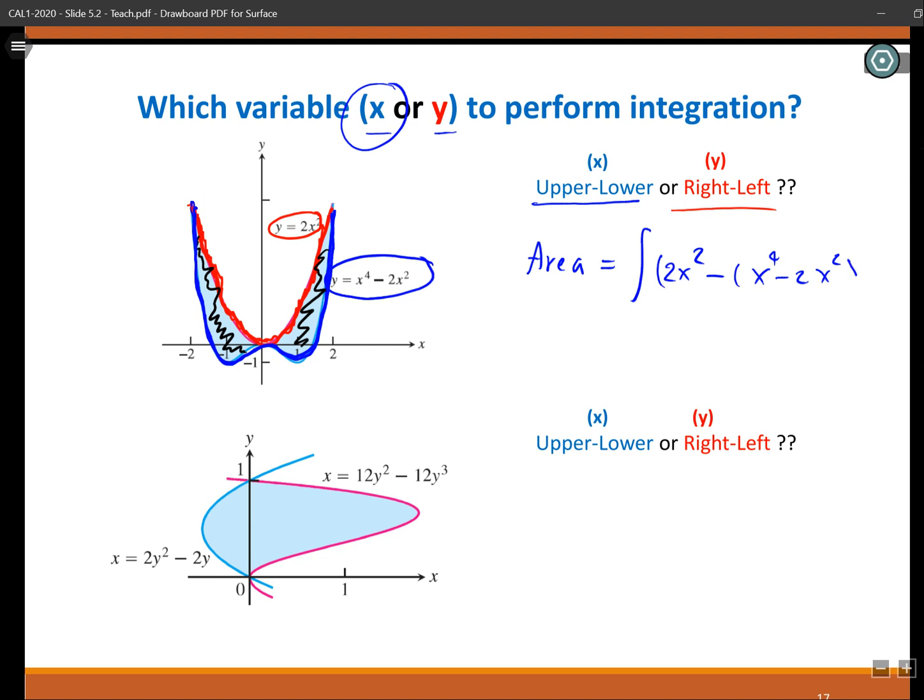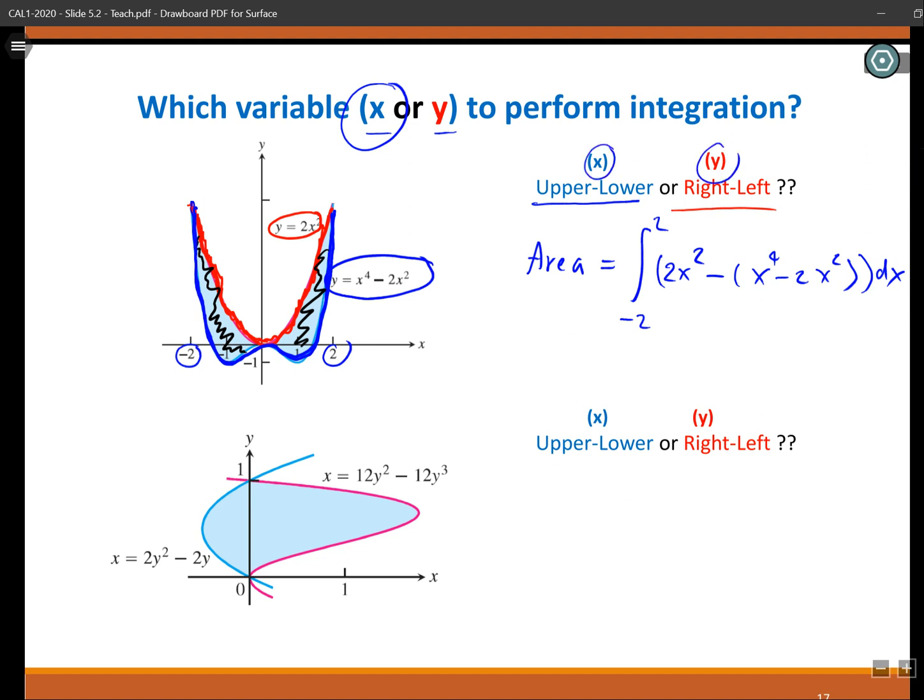And we integrate this on the x-axis. The starting point and the end point for the x variable are minus 2 and 2. I'm not going to go through this computation right here. You can do this on your own. This is about determining which to go for, x or y.